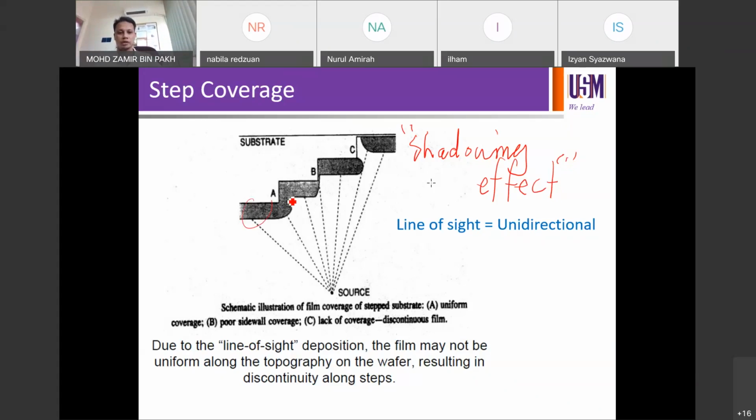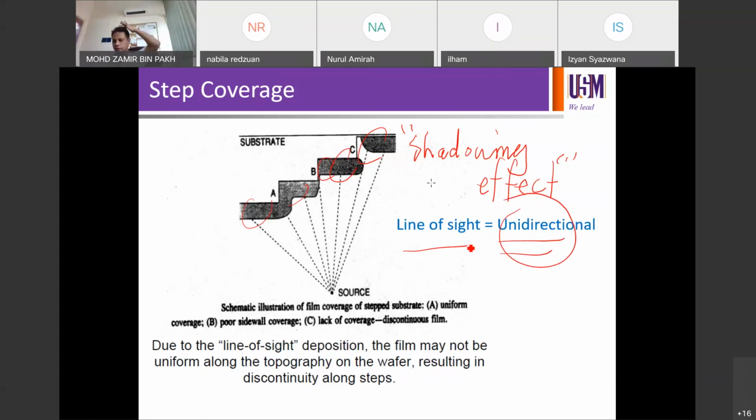These features on the wafer will block certain areas or shade certain areas from being deposited. As a result, you may not have certain areas covered by your deposited layer because of the unidirectional nature. So if you have this problem, how do you think you can solve it?